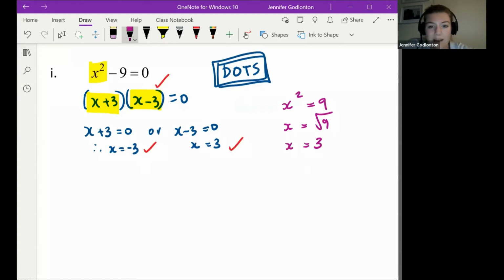Now, the problem with that is you are missing an entire answer. When we square root, we should always have a plus or minus. It could be negative or positive 3. People forget about that plus and minus, and so then they get no marks instead of 3 marks.